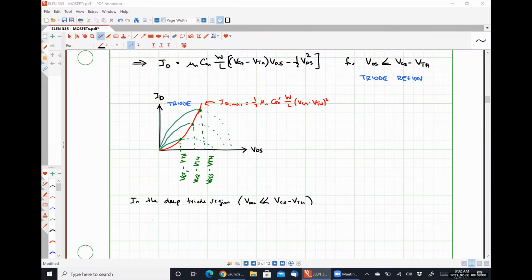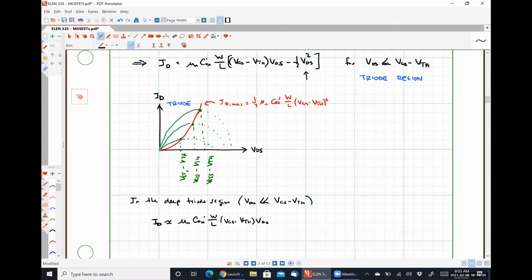So in the deep triode region, where VDS is significantly less than VGS minus VTH, we can see that ID, our drain current, is going to be approximately mu n C ox W over L times VGS minus VTH multiplied by VDS. We're effectively saying that this VDS squared term is so small that it doesn't matter.